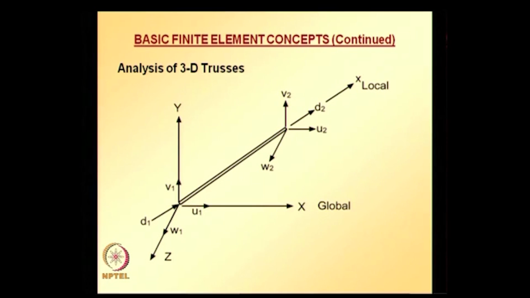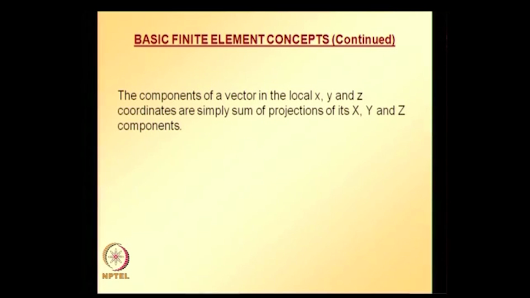Similarly, the local force vector consists of 2 components capital P1 capital P2, and the global force vector consists of 6 components F1x, F1y, F1z, F2x, F2y, F2z. The notation that we are following is similar to what we used for the 2D plane truss, and the important thing we require is the transformation matrix.